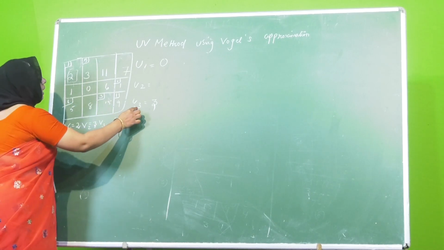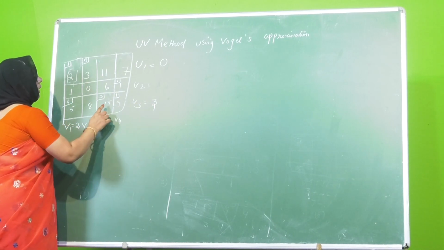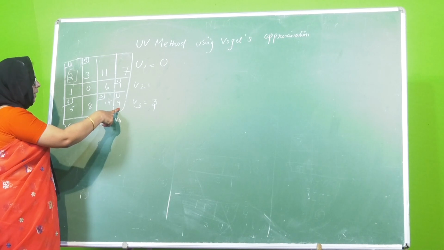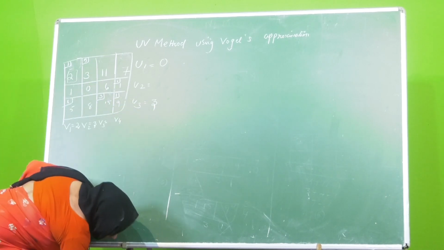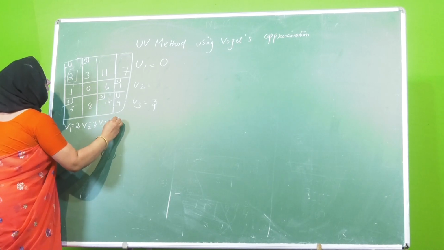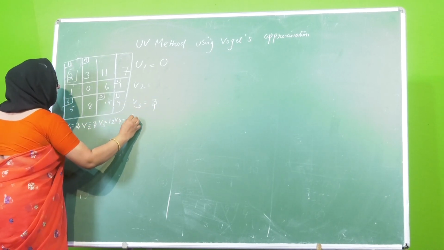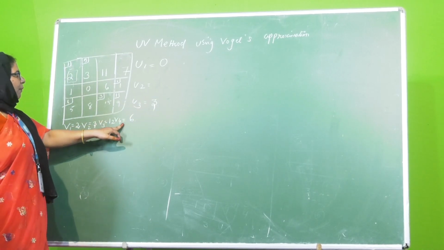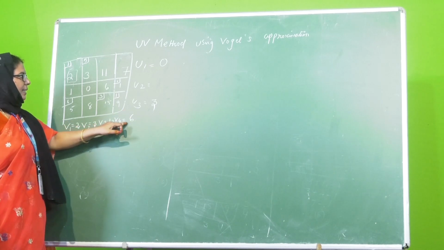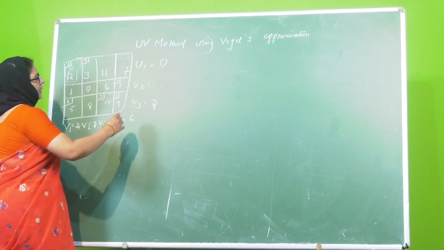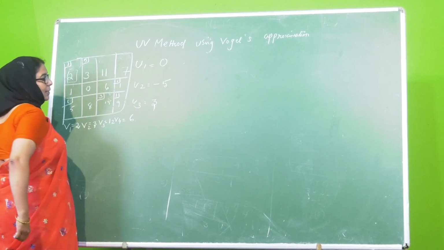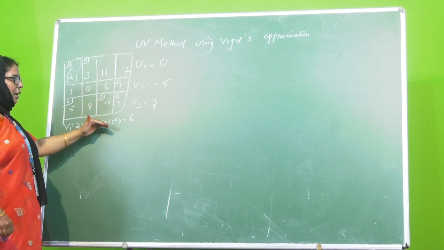And using that value U3, the original allocation 15 and 9. So 15 minus 3 is 12 and the 9 minus 3 is 6. So using the V4, that is a 6. So original allocation 1. So 1 minus 6 is minus 5. The cell value minus that value.